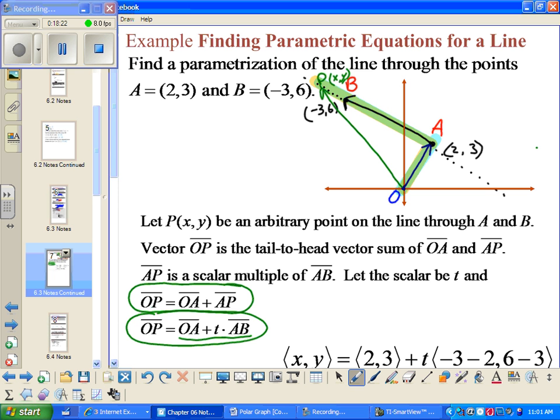How do we know that that's true? Well, a right angle is formed here, and the hypotenuse, if you will, of the vectors formed is the sum of the legs of that right triangle formed with vectors, as we talked about in section 2.